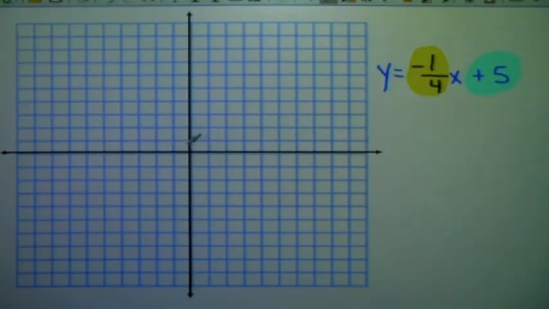Again, on our y-axis, it's positive 5, so I'm going to go up 5. My slope is negative 1/4, which tells me it's going to be going downhill, so I'm going to go down 1 and then run 4. Down 1 over 4. And there's my nice straight line.